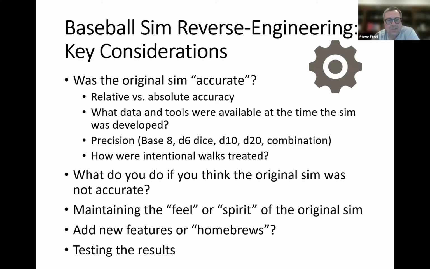Another interesting question is, how were intentional walks treated? I generally exclude them when I do any of my calculations, assuming that it's in the manager's hands to intentionally walk somebody. Other games card the player with all of his walks, which is not right or wrong, it's just a preference. So the other question is, what do you do if you think the original sim was not accurate? That kind of creates a dilemma, which I try to balance.